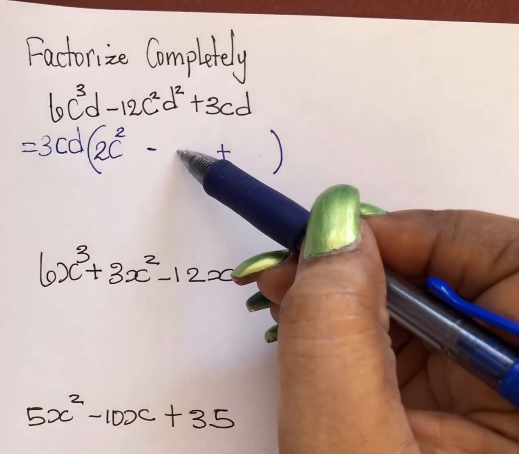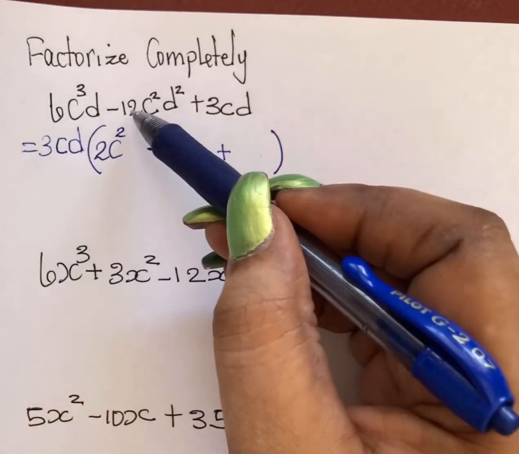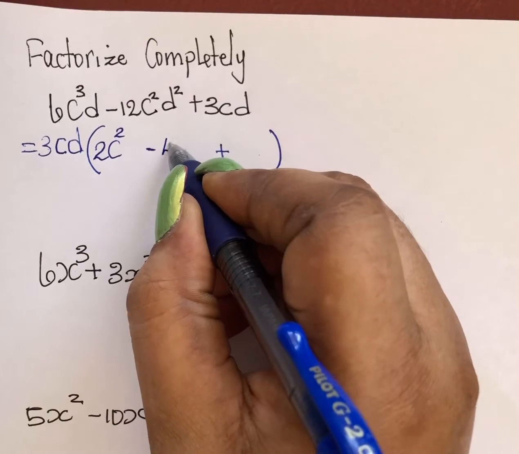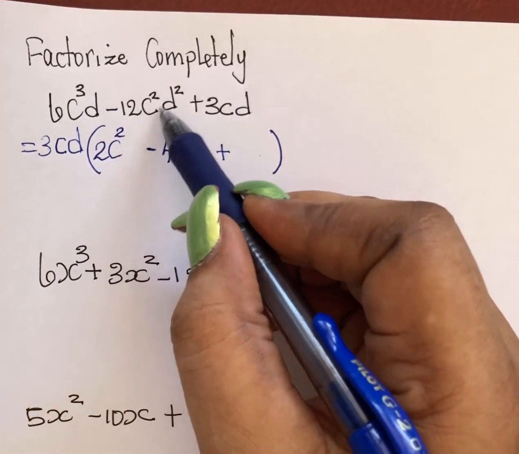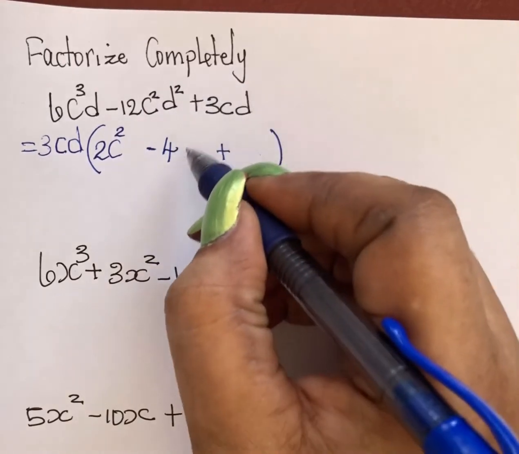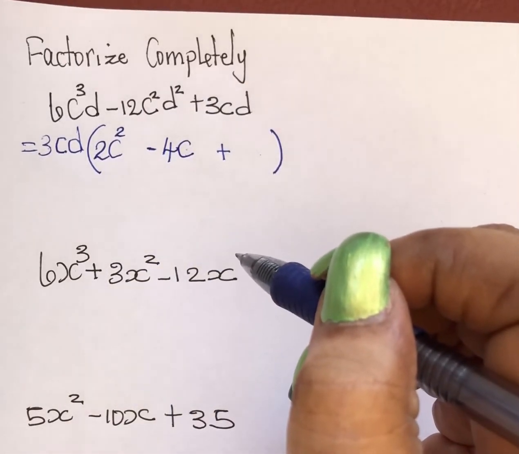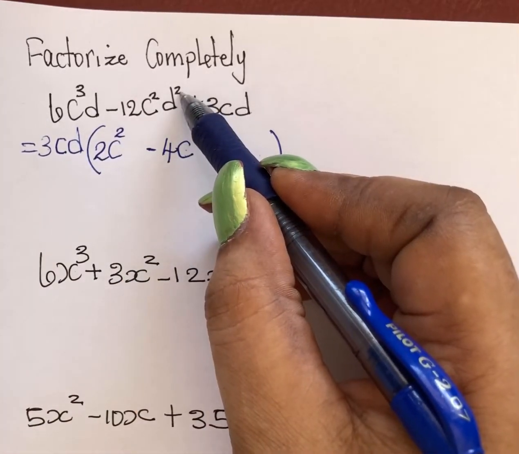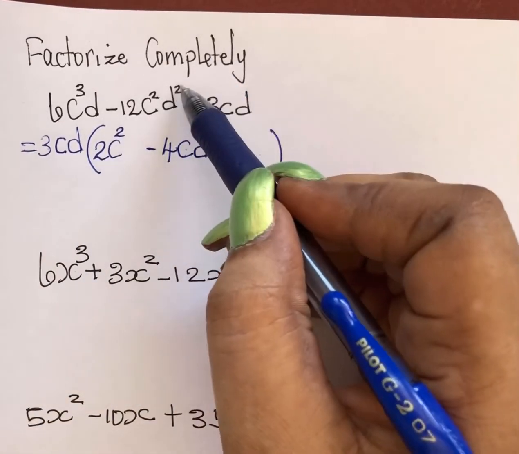Let us look at the second part. How many times does 3 go into 12? It goes into 12 exactly 4 times. 1c, and we have 2 c's here. So when 1 goes, we will have 1 remaining. And then we have 1d here and 2 up here. So if we have 1 here, we need to multiply it by another 1 to get back 2.